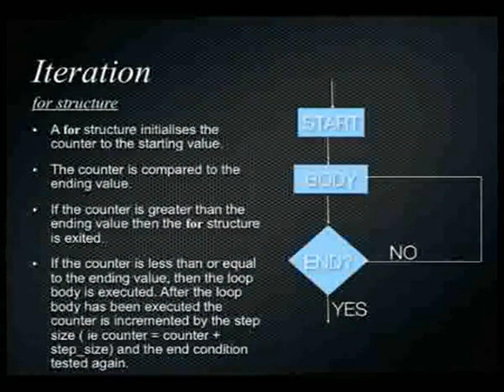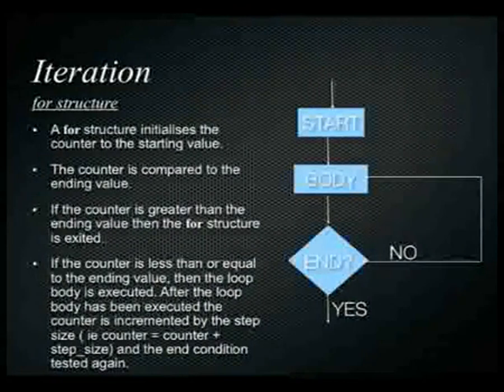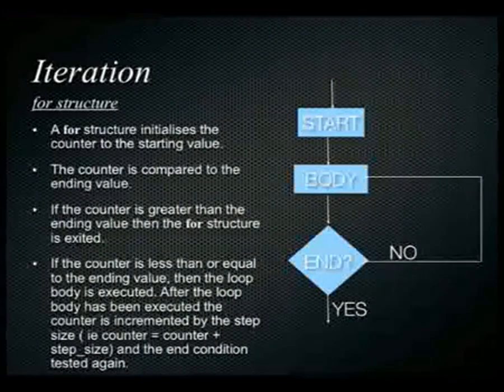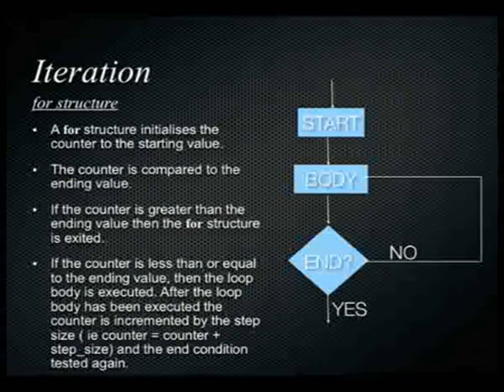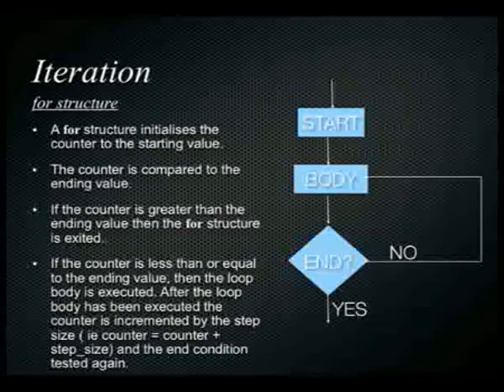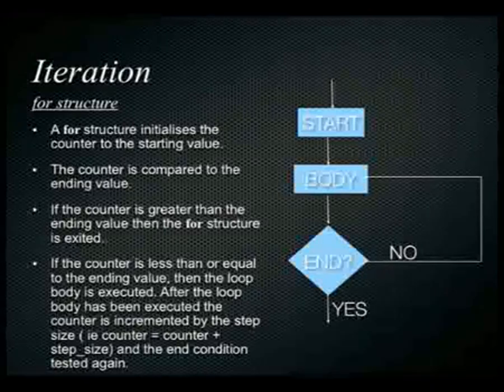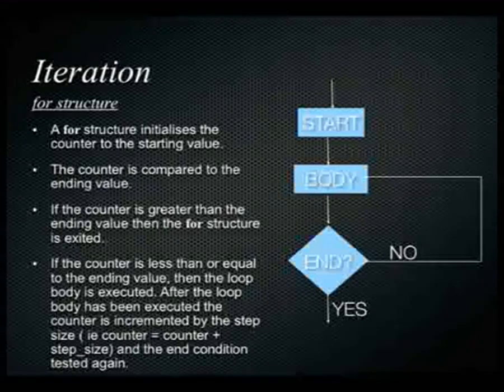So the for structure initializes the counter to the starting value. The counter is compared to the ending value, and if the counter is greater than that ending value, then the for structure is exited. If it's not, then we continually repeat inside that body, running those instructions over and over again. At the end of the body, as I said before, we need to ensure that our counter is incremented by the step size that we've defined, whether it's incremented by 1, by 2, or whatever.